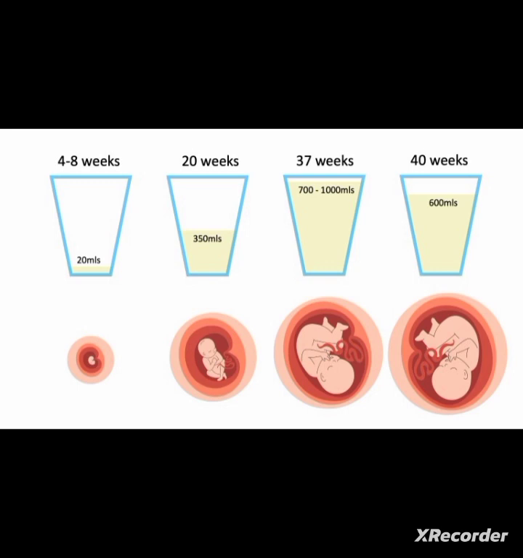So the amniotic fluid volume increases with the weeks, but after 37 weeks the volume decreases. The peak amount is at 37 weeks, 700 to 1000 ml, and after that it decreases, and at 40 weeks it is 600 to 800 ml.